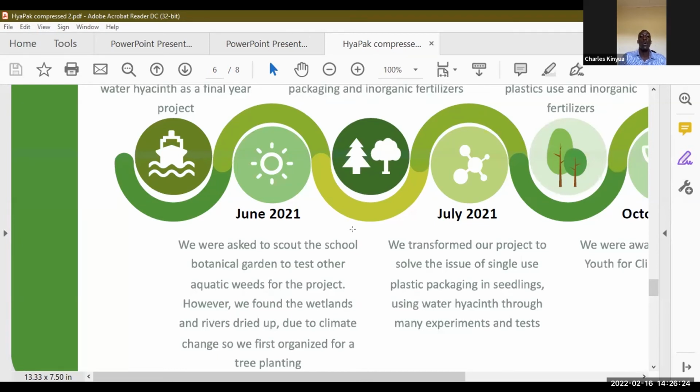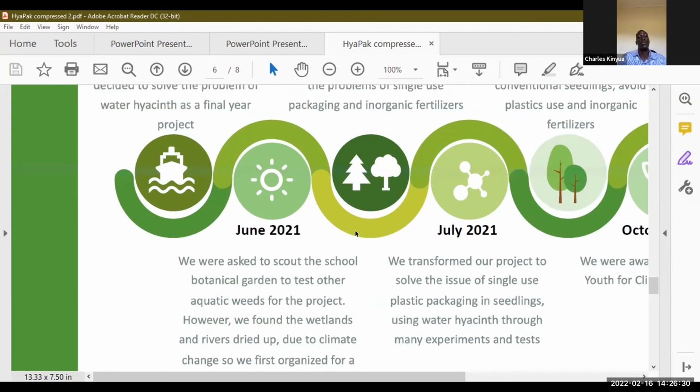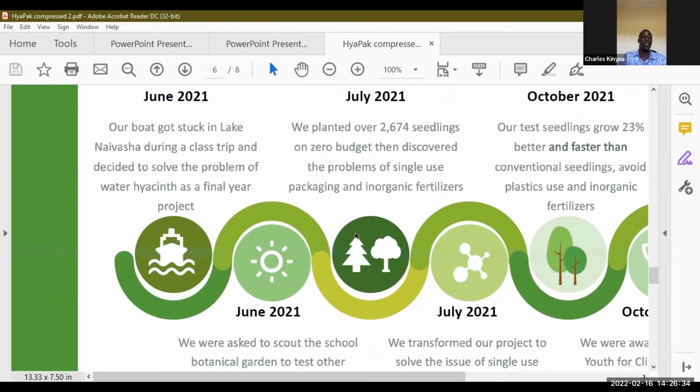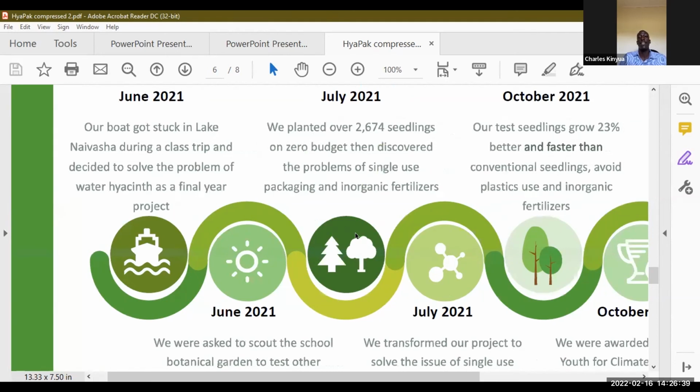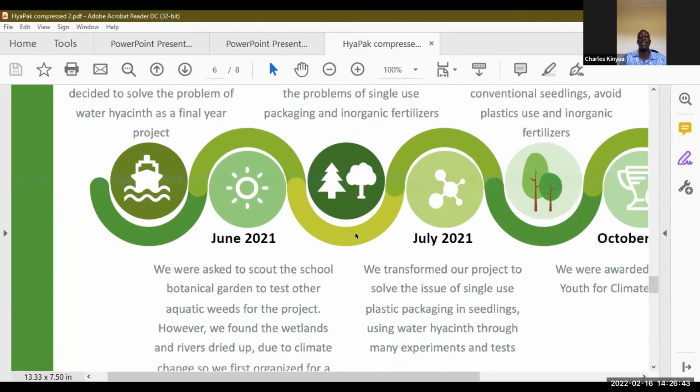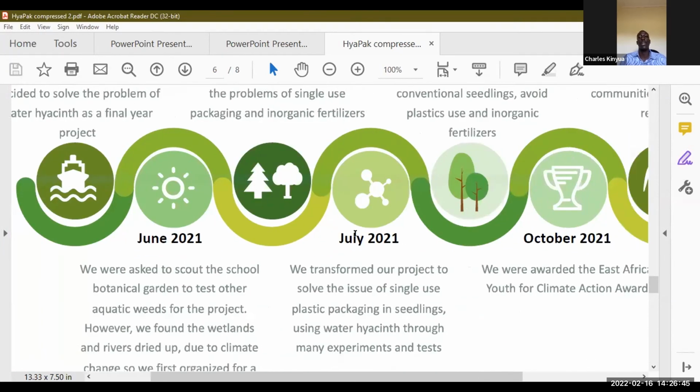So we organized a tree planting event where we planted over 2,674 seedlings, on a zero budget. Then we discovered there was a really big problem even around the tree planting events we organized. After we had planted trees, the plastic wrappers, we sometimes left them and dumped them back into the environment.